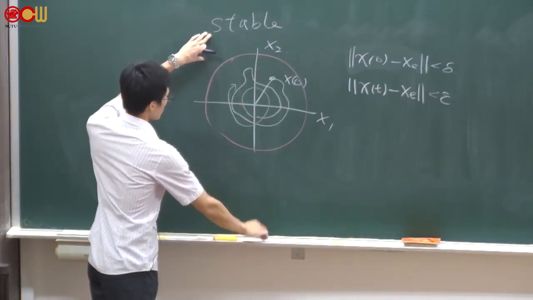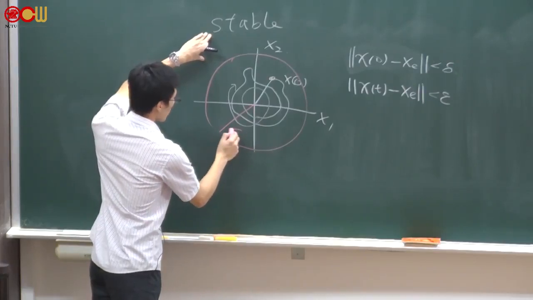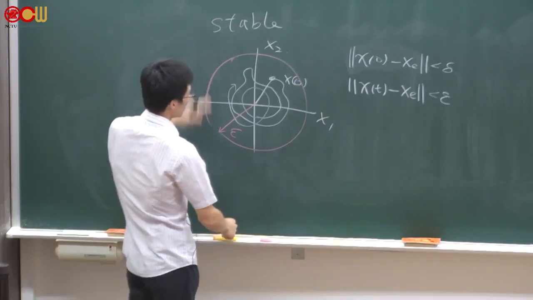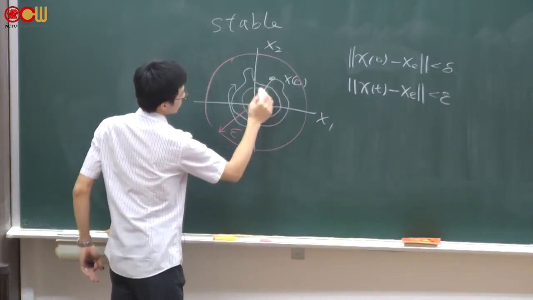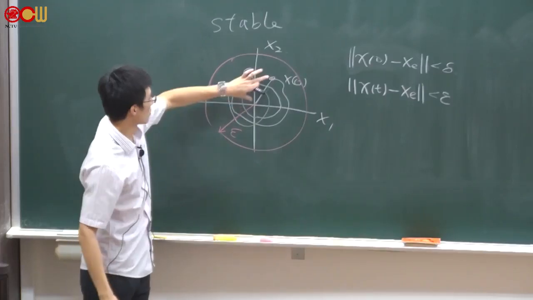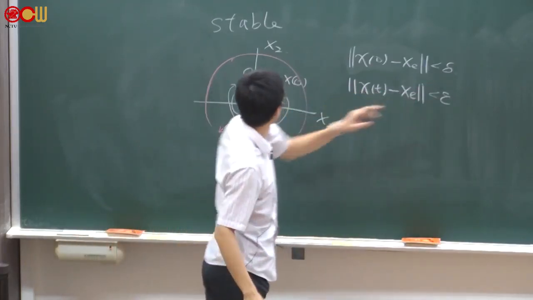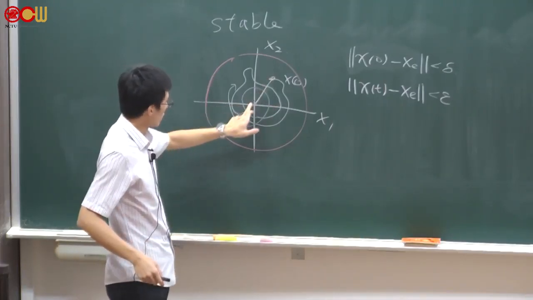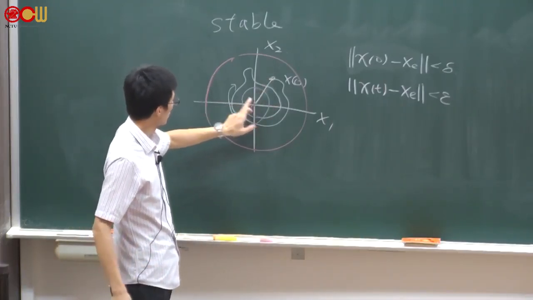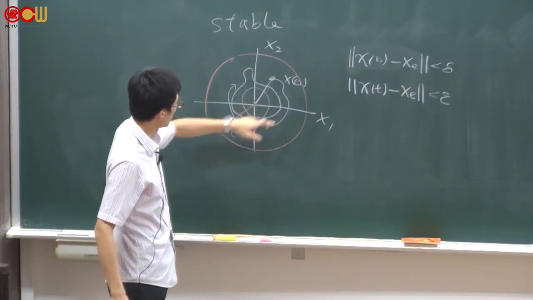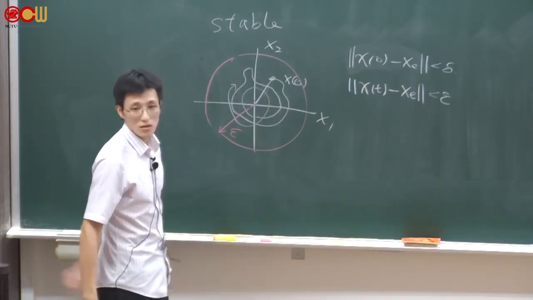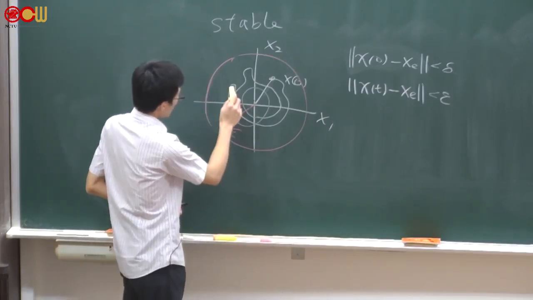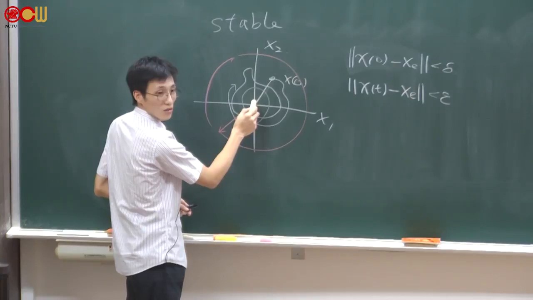So the radius of this disk is epsilon, and the initial condition is smaller than delta. It starts near the equilibrium point, and the trajectory x(t) remains within a certain distance. That's called stable. But for asymptotically stable, it has to converge to the origin.